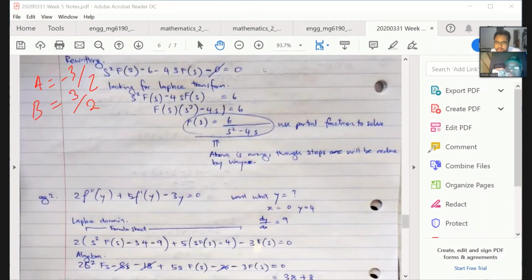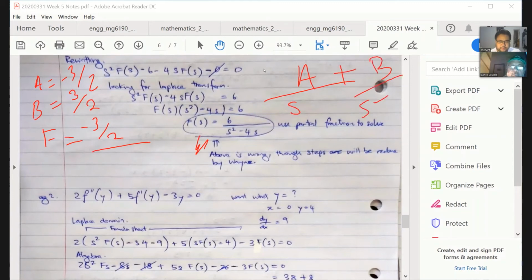Now F is, I'm going to rewrite this, minus 3 over 2 and 3 over 2. I write it like this: A by itself on the top over s, remember, the partial fraction A over s, plus B over s minus 4.